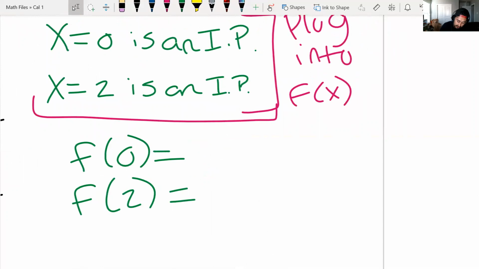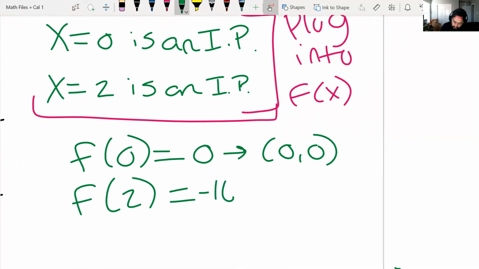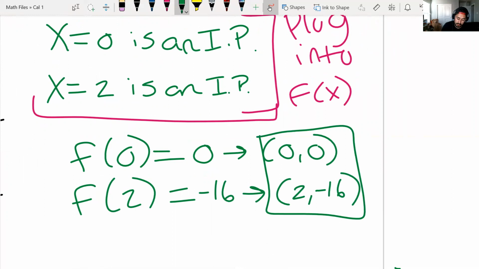Well, 0 is easy. 0 gives me 0. So 0, 0. 2, I get negative 16. These are my actual points of inflection.